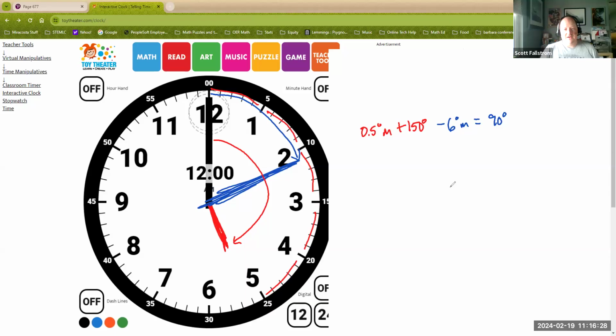So this becomes negative 5.5 degrees M, because 0.5 minus 6. Then let's take the 150 and bring it to the other side as minus 150. So the answer over here is negative 60 degrees. And then I'll divide by negative 5.5.